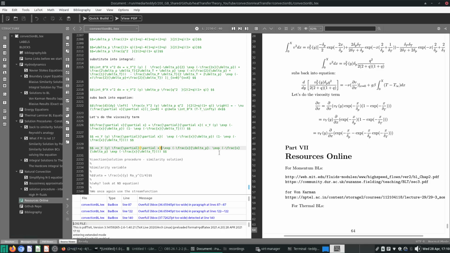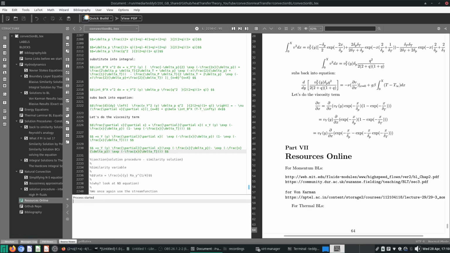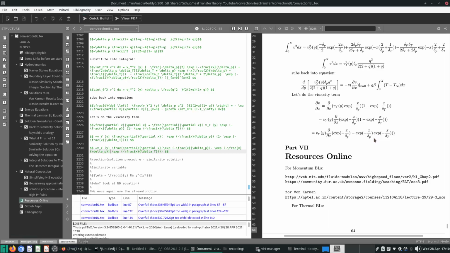I seem to not have properly put in my parentheses. We can easily differentiate this first term, and for this second term we'll just add the powers together.